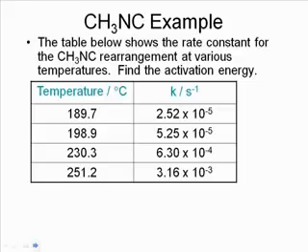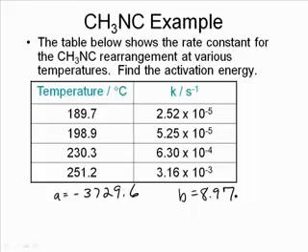Okay, and so I'm getting a slope of minus 3729.6. The other thing I can find from that is my intercept, which is 8.97.